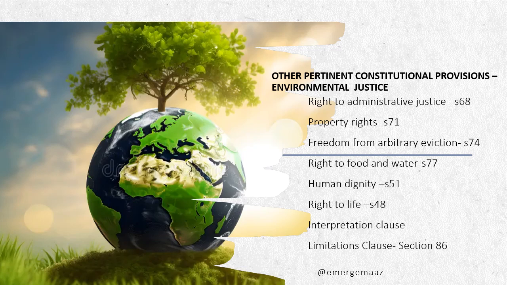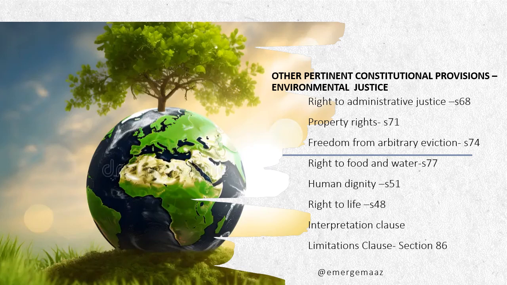Now, other pertinent constitutional provisions, as noted before, the locus standi section 85, the right to access to information, all those other rights help in the achievement of environmental rights. The right to administrative justice, right?